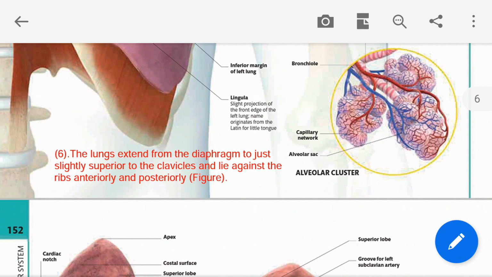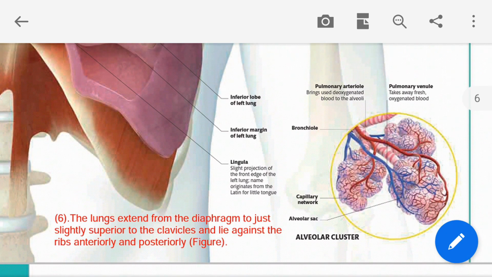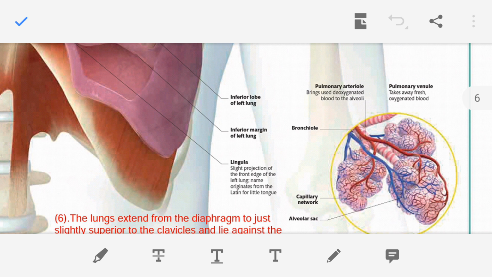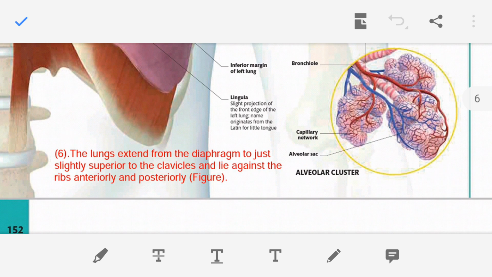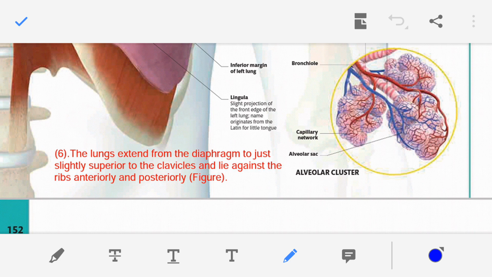Now the sixth point. Now in our body, where exactly are these lungs located? Lungs extend from the diaphragm to just slightly superior to the clavicle.